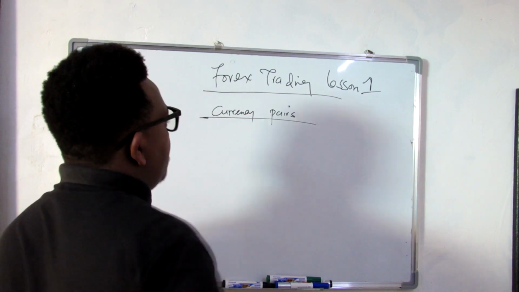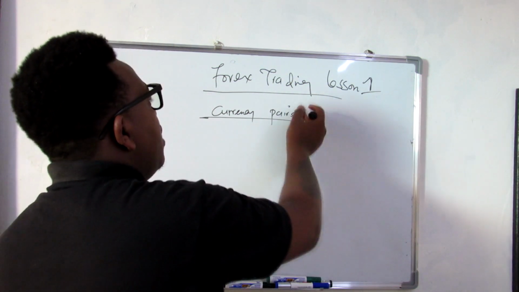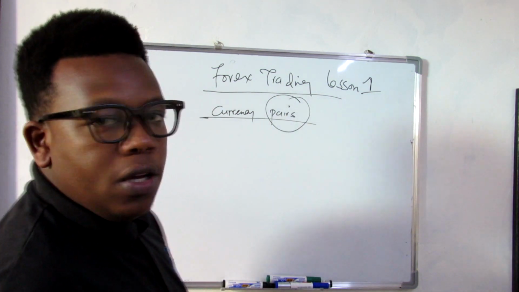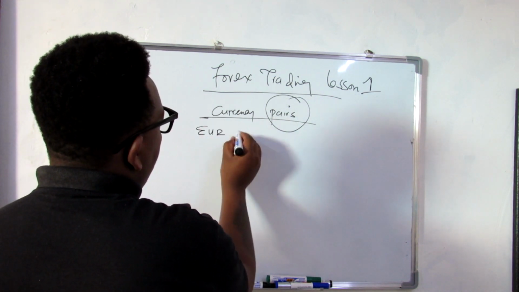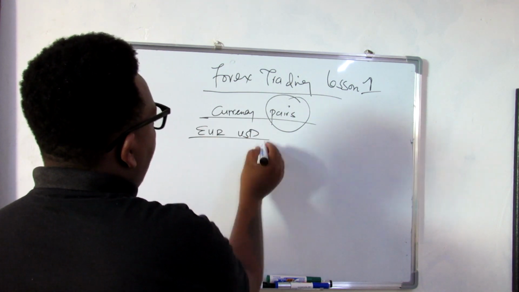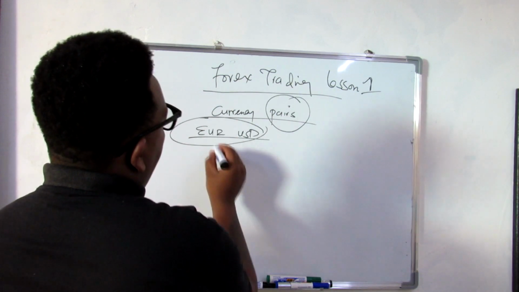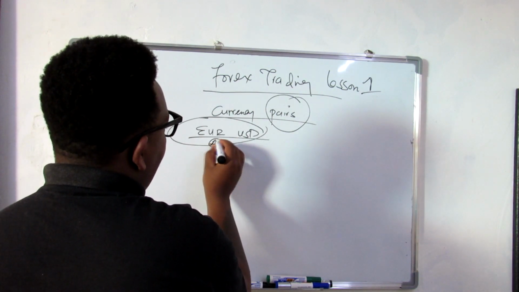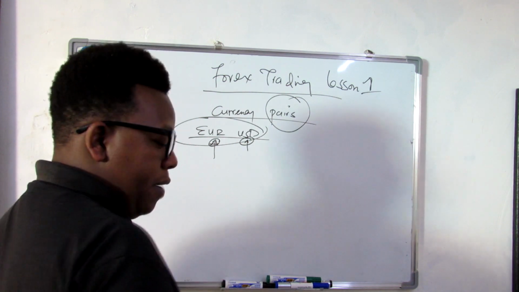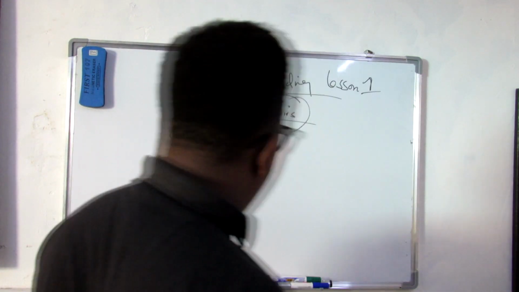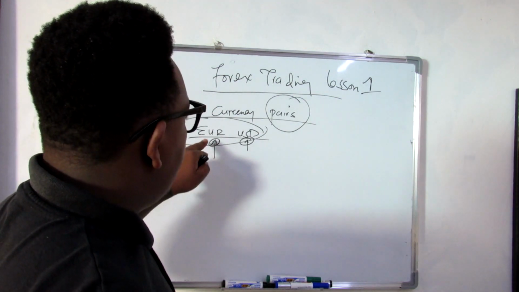By a pair we mean a combination of two currencies. For instance, I'm sure you have heard the most popular one, which is Euro USD. This is the most popular currency pair. With this, we have the first currency in every pair and the second currency in every pair.